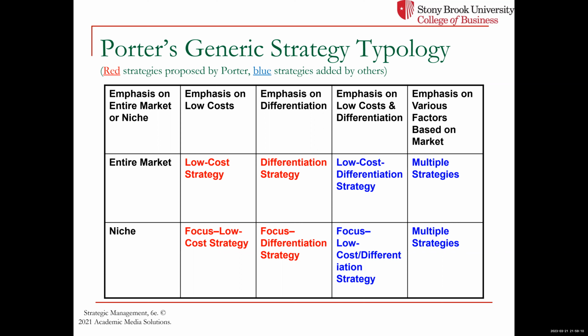As before, we're going to quickly go over what we have discussed last week, and then we'll dive into today's sections. So last week, we talked about Michael Porter's generic strategies.